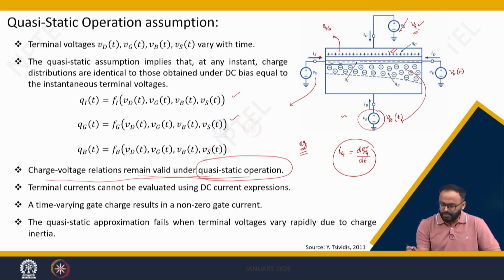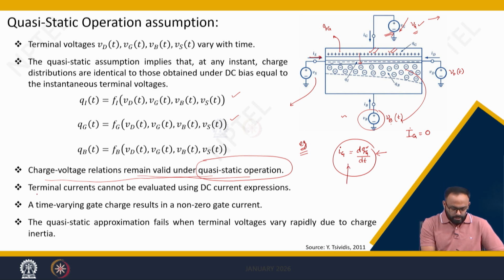However, in DC condition we said that Ig is completely 0, and that Ig was due to tunneling or some other short channel effect, because you are not changing the gate voltage and hence there is no change in gate charge. Whereas here the current comes up because you are changing the terminal voltage. If you change the terminal voltage, the charges will change and hence it reflects in the current.